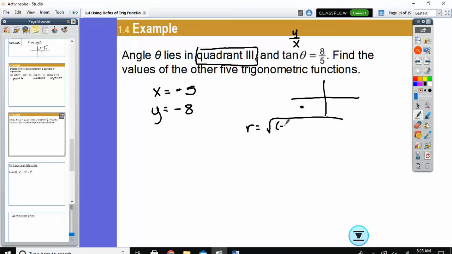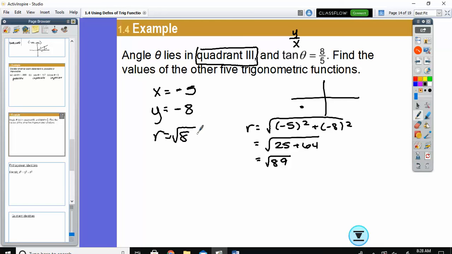R is the square root of x squared plus y squared. Square root of 89. Does that produce it all? No. And r is positive no matter what.